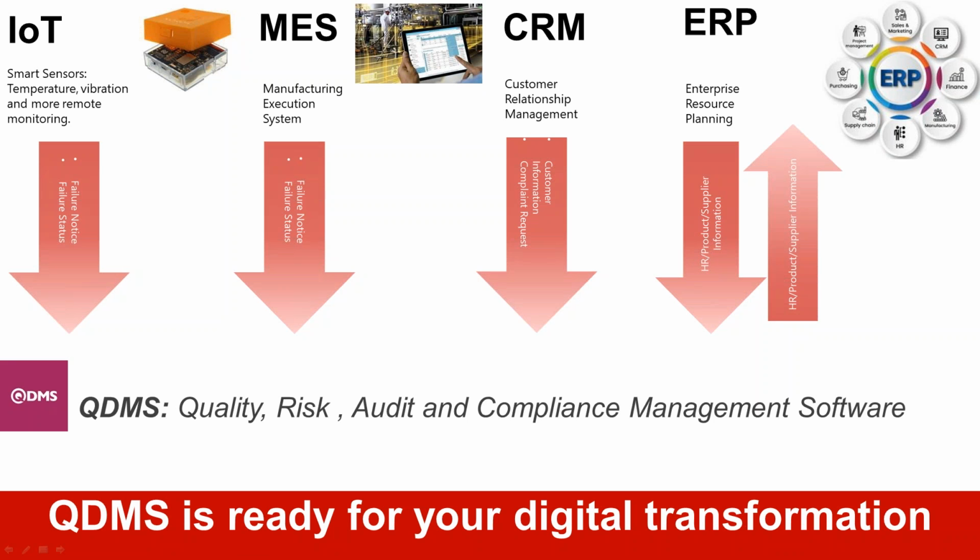So once you enter data into one of these systems, for example, it can always work with QDMS. As an alternative, since QDMS is a standalone solution, you can always use QDMS as it is by itself, independently, with no integration, basically. So that is your option. And you can either use QDMS as a standalone solution, or you can have it integrated with any of the solutions that you have at your workplace.